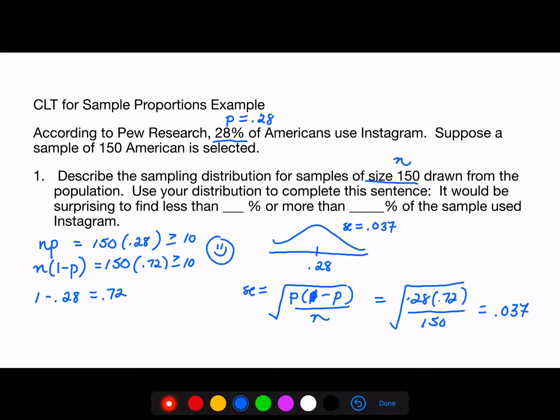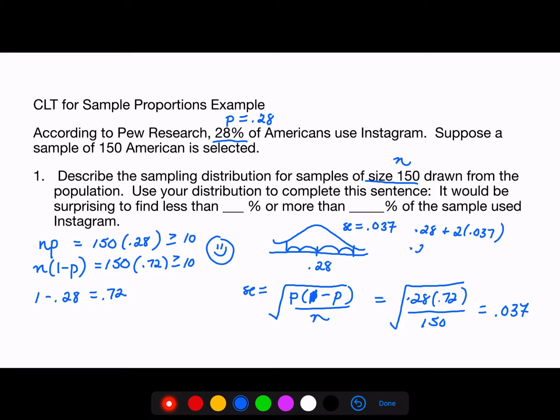And we know from our study of the normal distribution that any value that's more than 2 standard deviations above or 2 standard deviations below our mean is considered unusual. So to find these values, we would take 0.28 and add 2 standard errors.